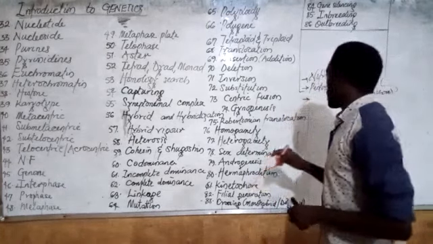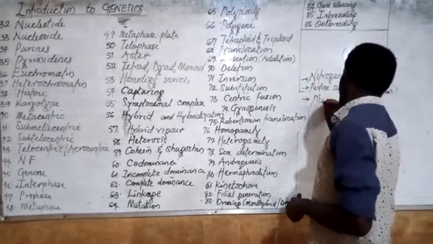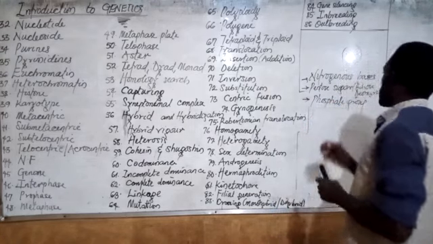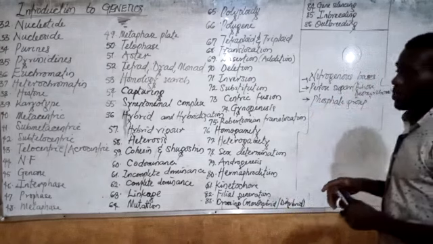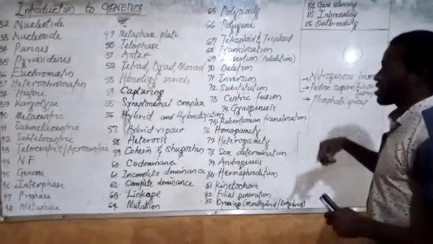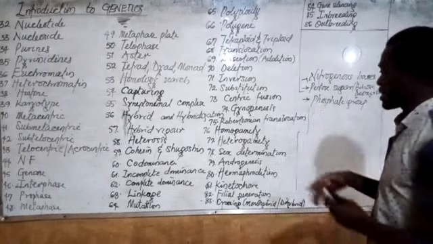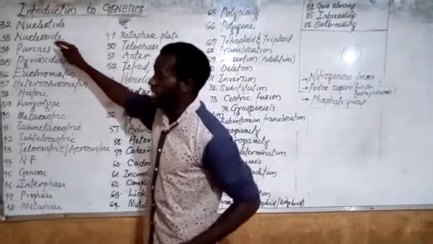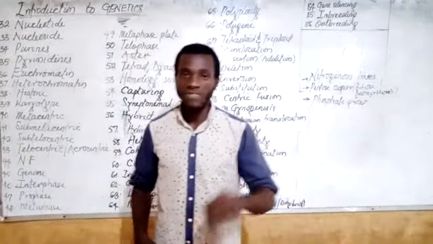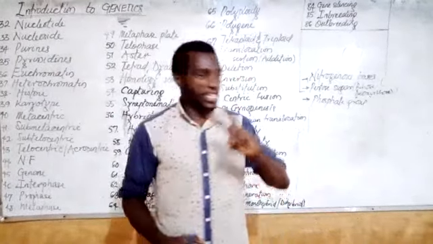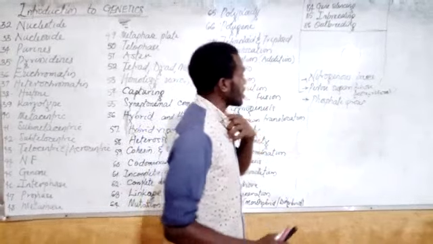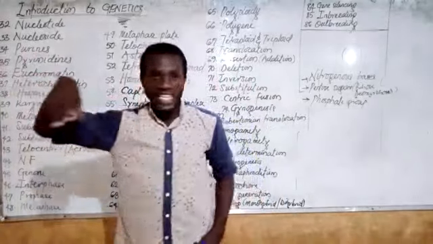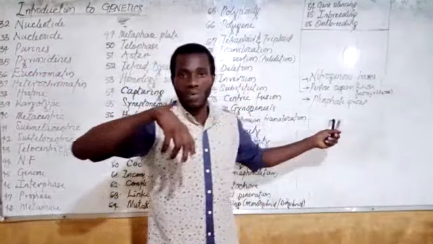Then the third component is the phosphate group. If you remember, I said the phosphate group is the one that makes the DNA acidic. So without this phosphate group, what we have is the nucleoside. Essentially, the nucleotide is a nitrogenous base, pentose sugar, and a phosphate group, while a nucleoside is one without the phosphate group.